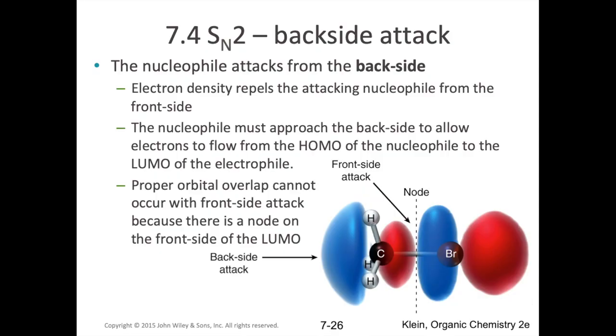Essentially, the nucleophile is donating a lone pair into the antibonding orbital of that bond between the alpha carbon and the leaving group. The nucleophile donates electrons into this orbital, which destabilizes this bond and helps break the bond between the leaving group and the carbon.